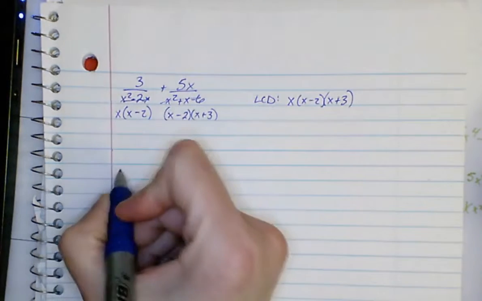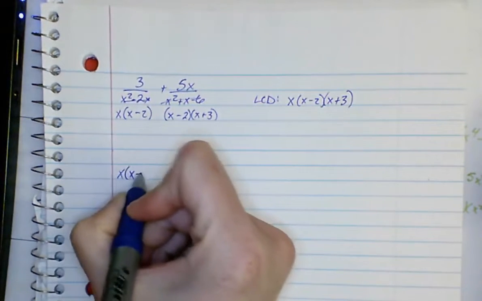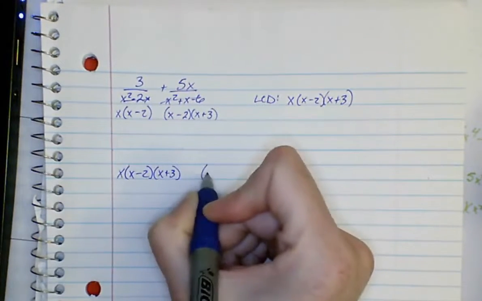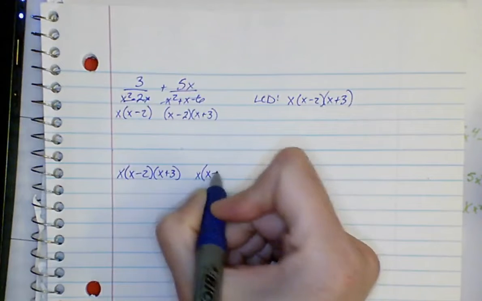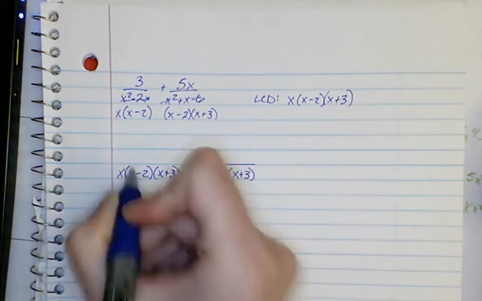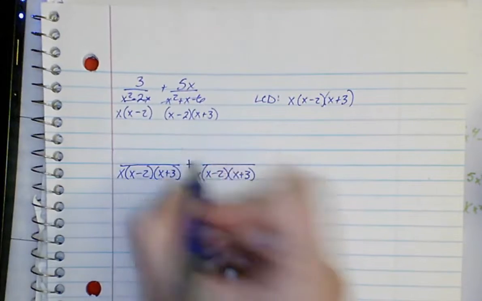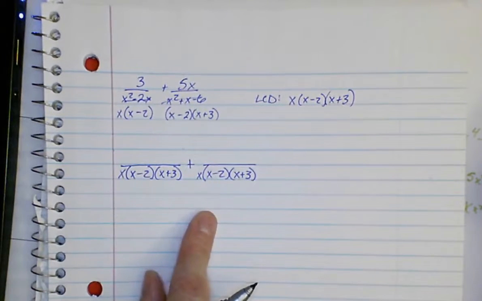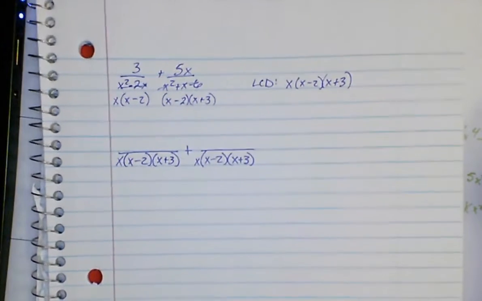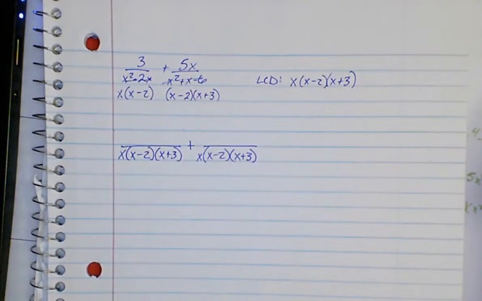Next, what we're going to do is rewrite our fractions. I'm not going to write these separately as it causes too much work, but if you want to go ahead and do this on your examples, that is fine with me, as long as you're understanding the concept.